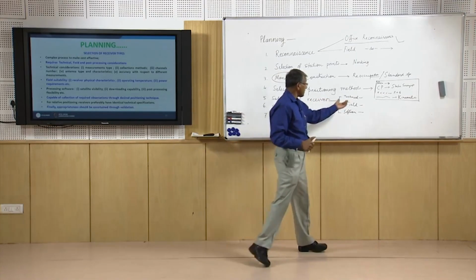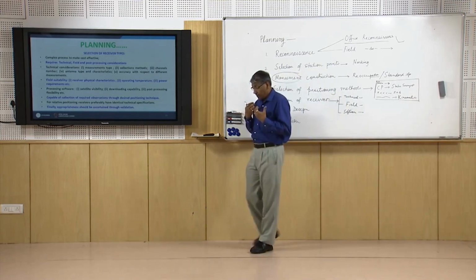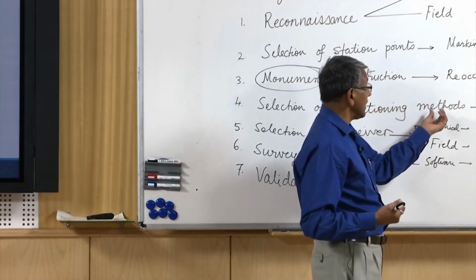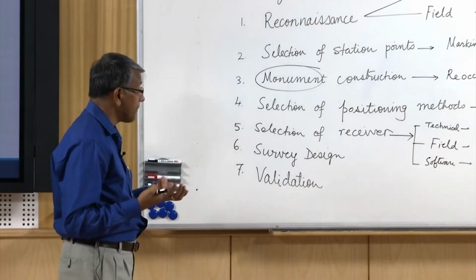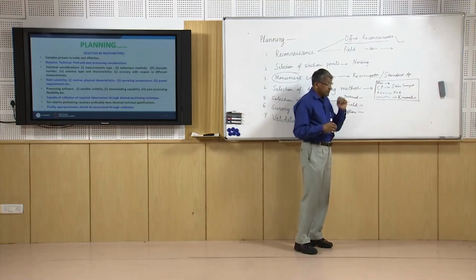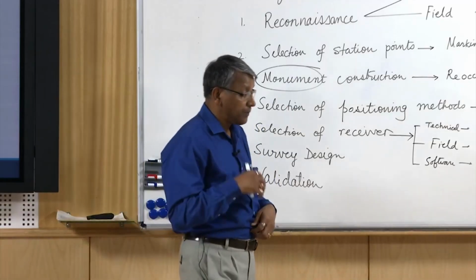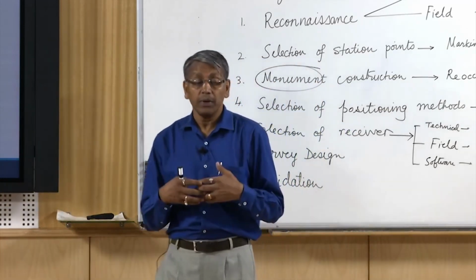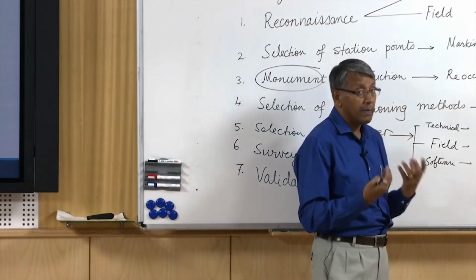Now, technical reasons, as I told you: what are the different observables we will make use of for achieving the objective, what degree of accuracy we need to have, what type of signals we would like to acquire, whether from GPS only or also GNSS, and how many channels of receiver we will make use of.